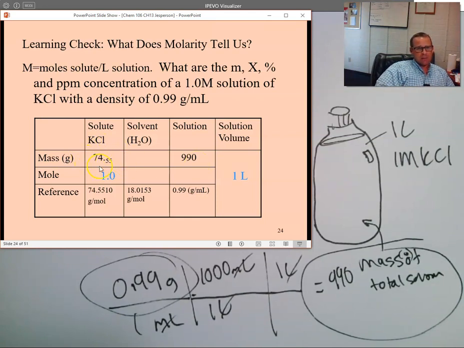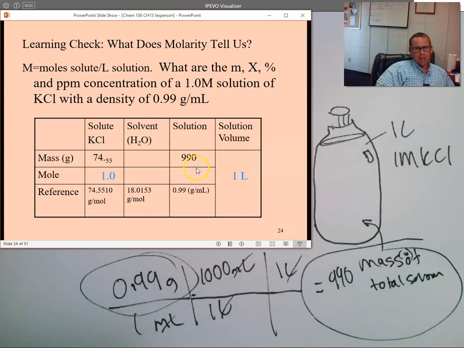This is the mass of the KCl. And so, can you think of a way, Taewan, that I can find the mass of the water that's in this solution? Any ideas, Taewan? Yeah, the total solution is 990. So when you subtract the KCl, you come out with the mass of the water.